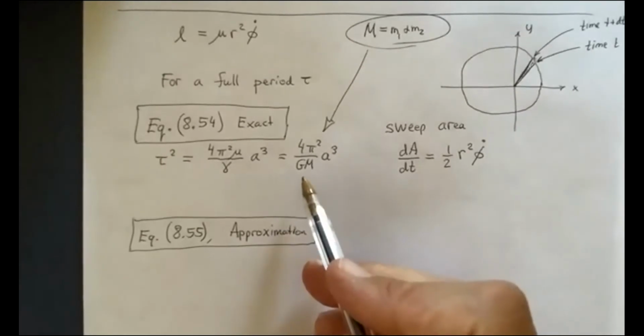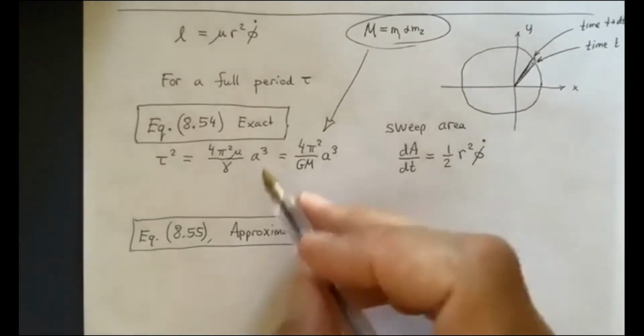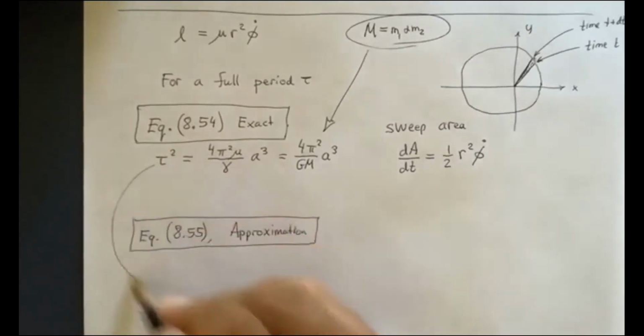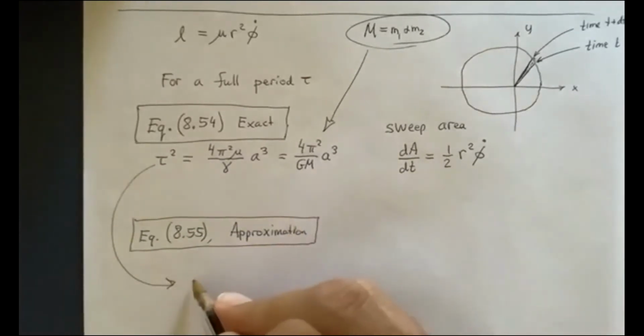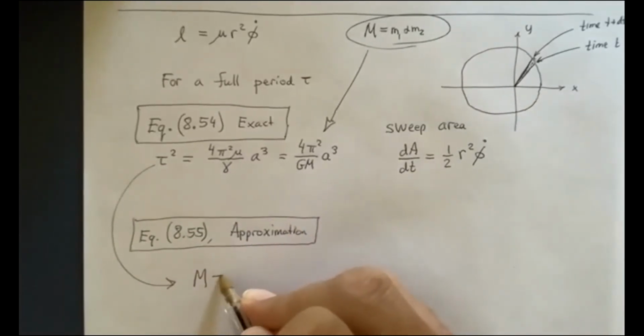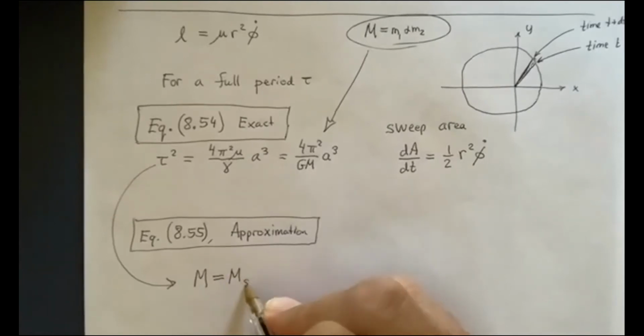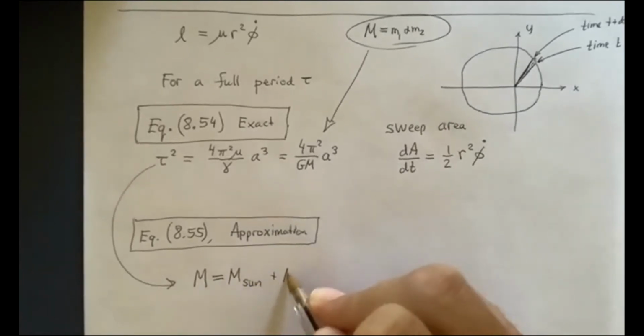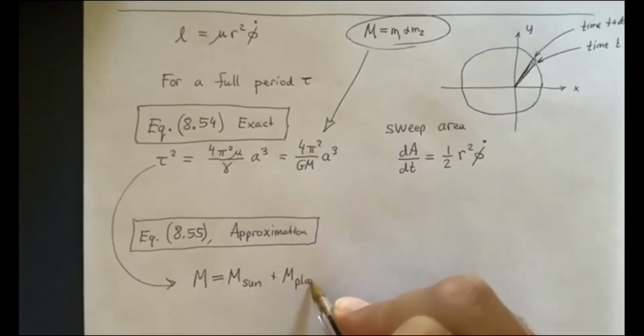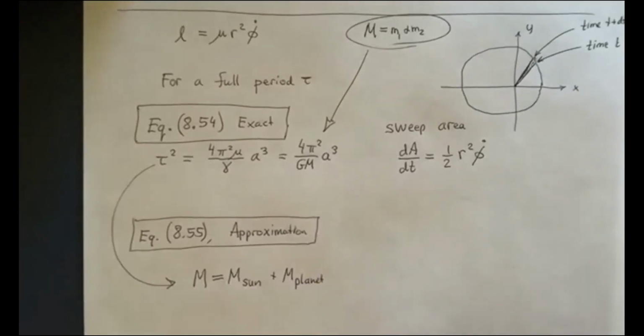Well, you copy this over and say M, which is exactly equal to the mass of the sun plus the mass of the planet. That's exactly true. We're going to approximately say M is approximately the mass of the sun. To many digits, that's a good approximation.